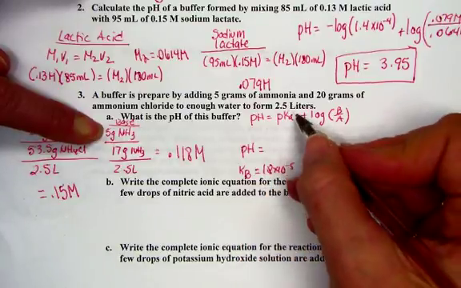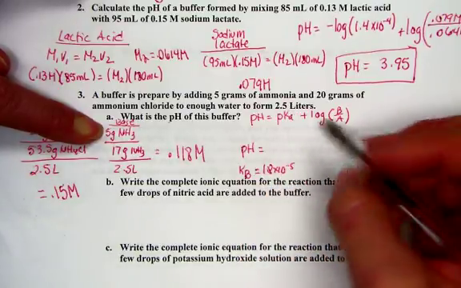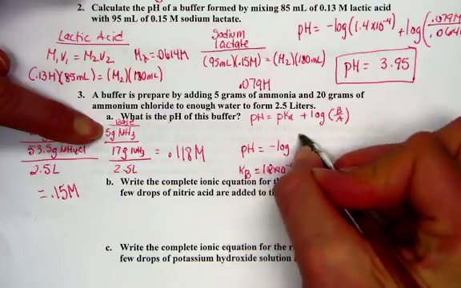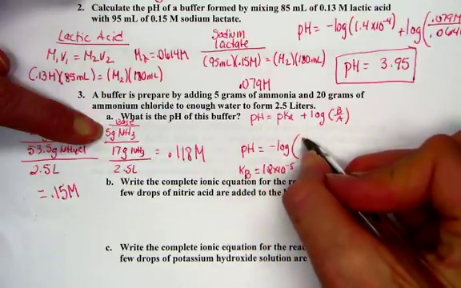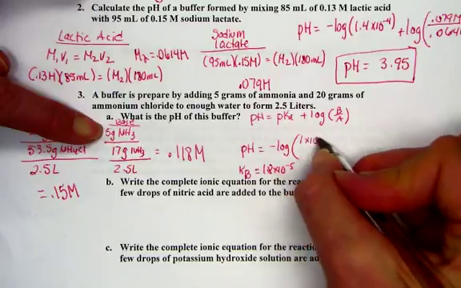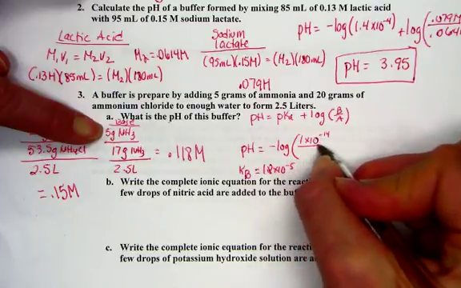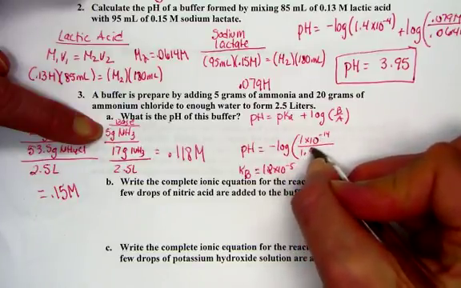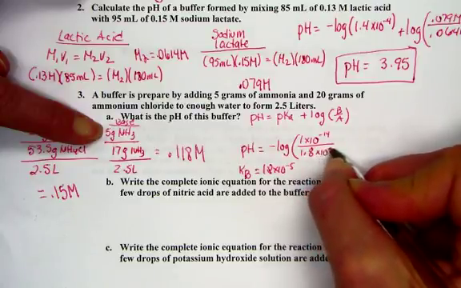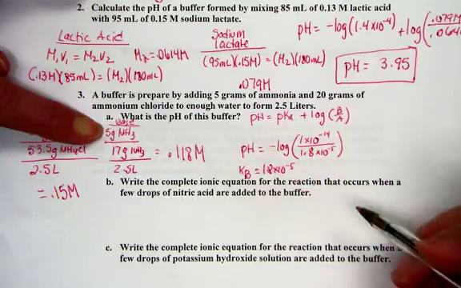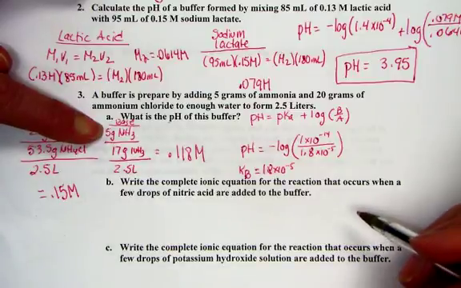But when I use Henderson-Hasselbalch, I must have a pKa value, so I'll let the calculator convert for me. Using the ion product constant for water, 1 times 10 to the negative 14th, dividing out the Kb value of 1.8 times 10 to the negative 5th, changes the Kb into the Ka.